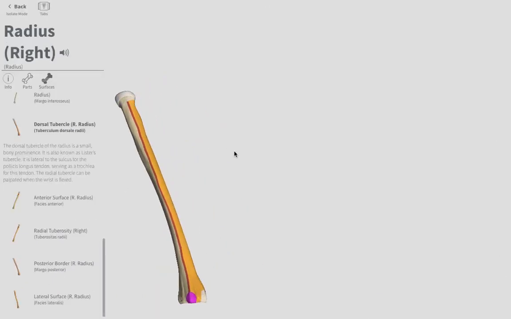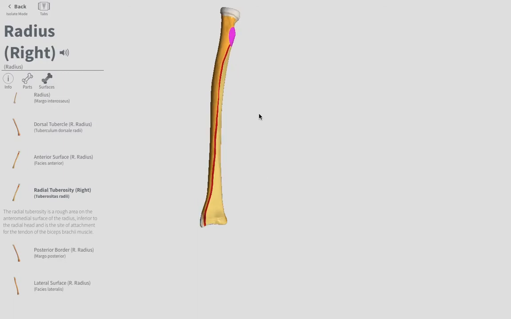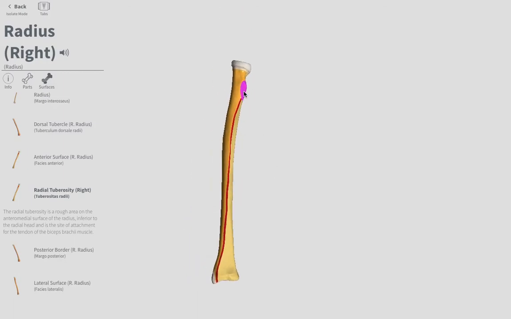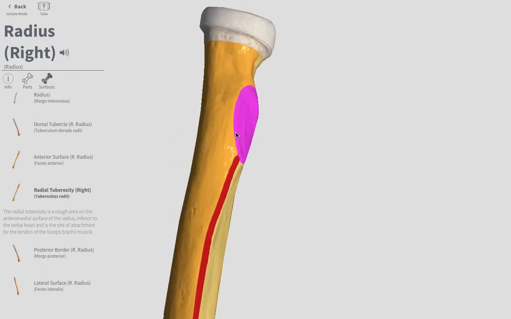So again, this is an anterior view, and the radial tuberosity is a rough but flat kind of part that's on the lateral side inferior to the neck of the radius.